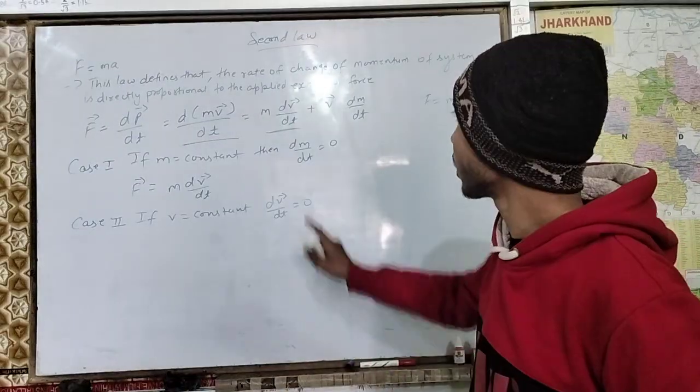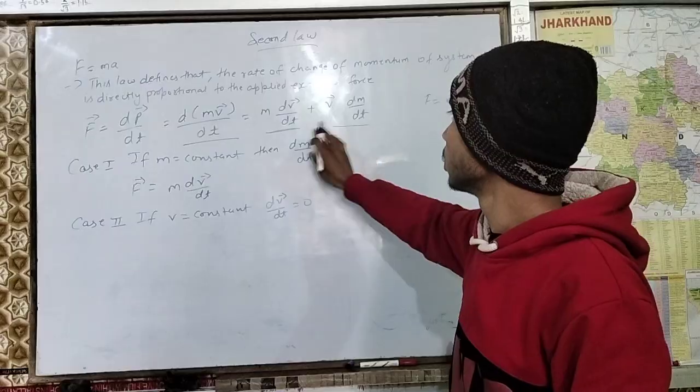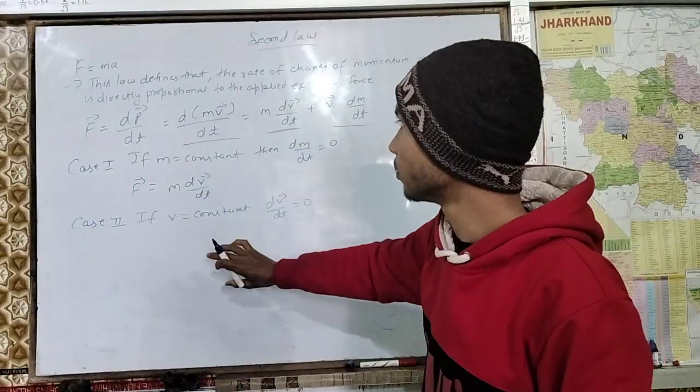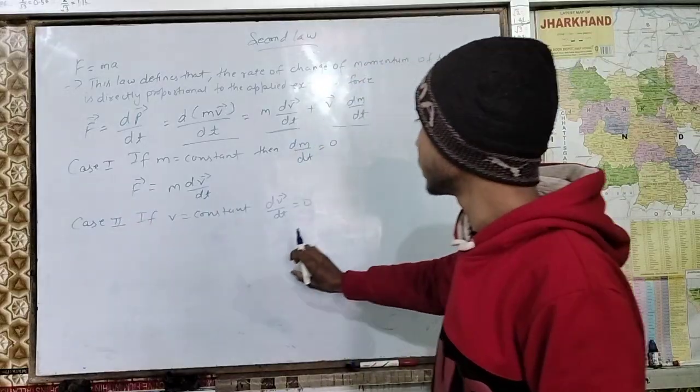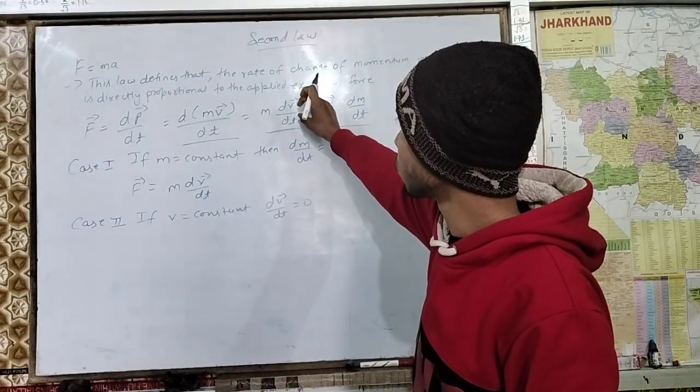Case number one is if velocity is constant... no, if mass is constant, then this term will become zero, and this first term will exist for external force. Case two is if velocity is constant, then the differentiation of velocity becomes zero.